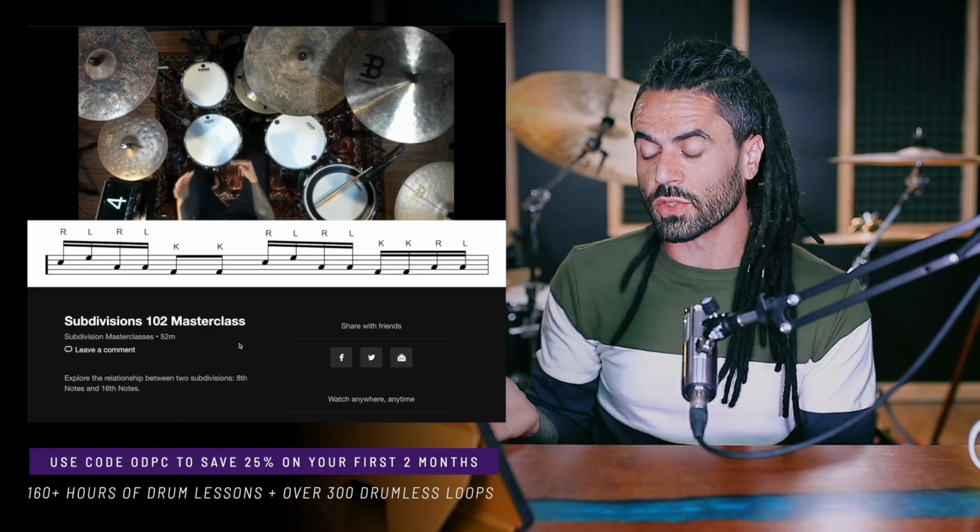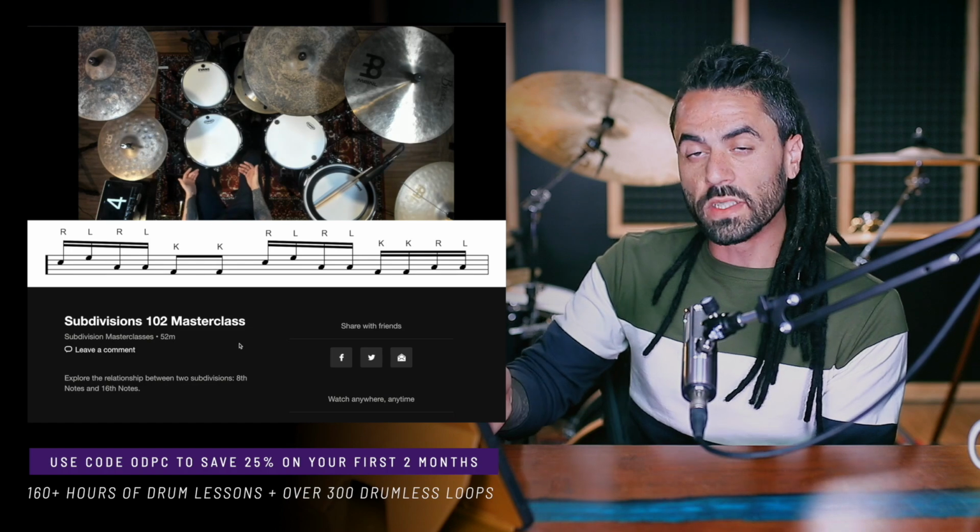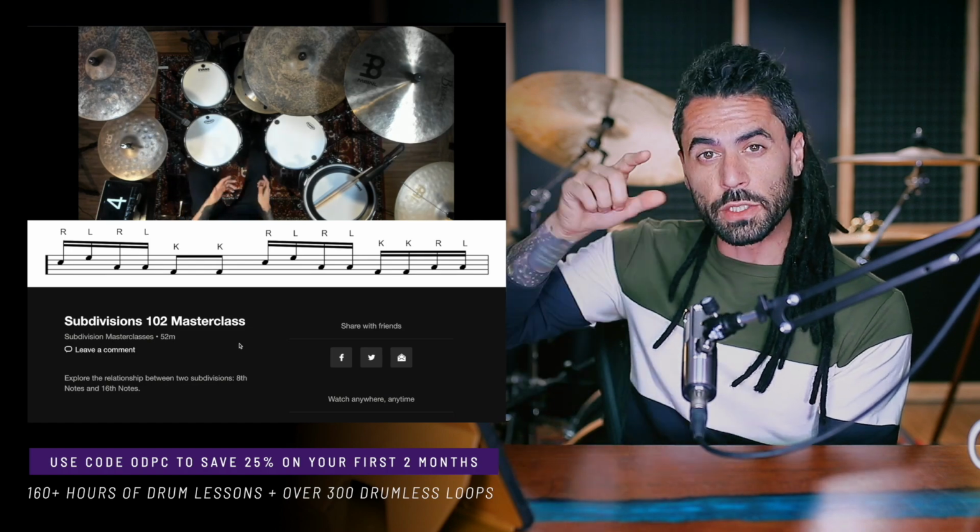And then there are many exercises that have you jump from one subdivision to another, because in theory, you should be able to swim throughout this mathematical grid. So going from 8th notes to 16th notes to 16th note triplets to 32nd notes, you should comfortably be able to bounce between those. That's a thing you'll commonly see when you see somebody flowing around the kit, right? That comfort level with subdivisions.